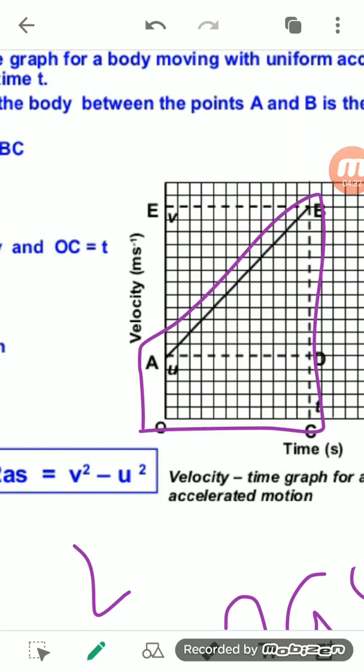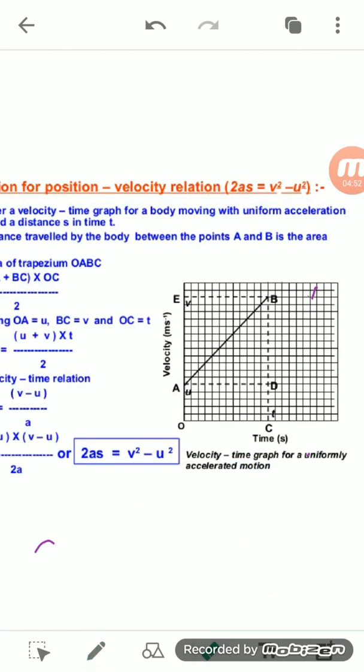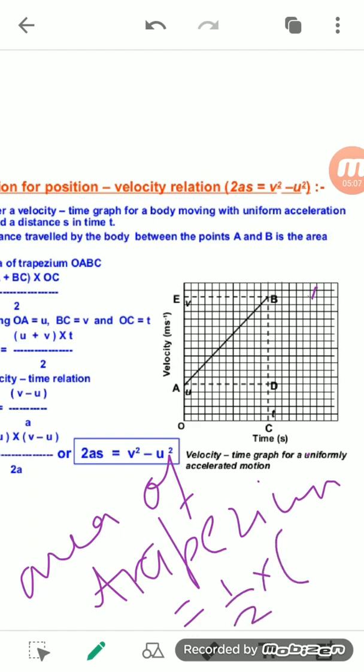You know that this area has two parallel sides, one is AO and the other one is BC. So two parallel lines are there, so it is a trapezium. To find the area of a trapezium, we know the area of a trapezium is half into the sum of the parallel sides.